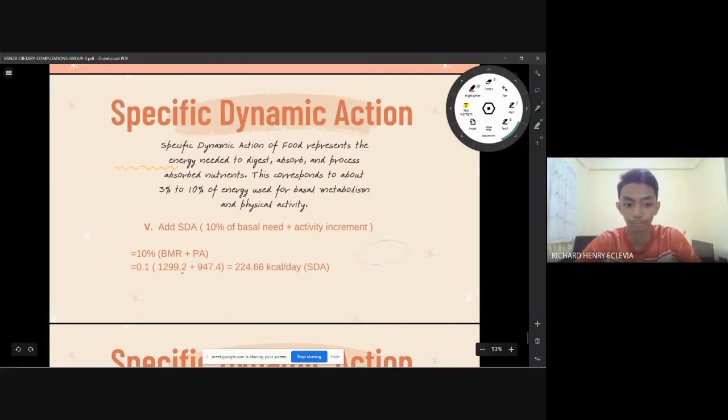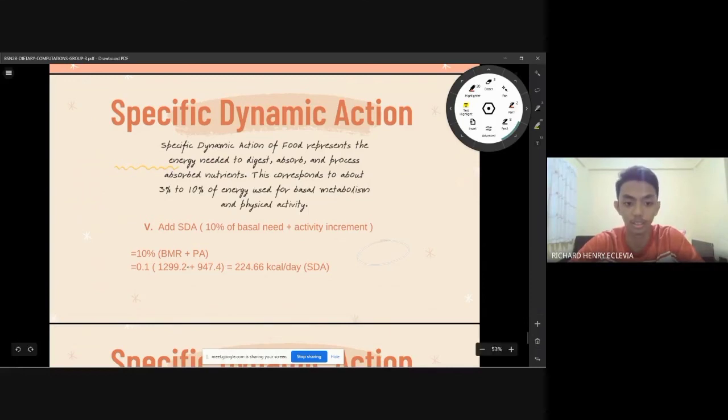So, ito, BMR plus PA. So, ayan. Pag kinompute mo to, BMR 1299.2 plus 947.4 is equals to something around 2,246.6.